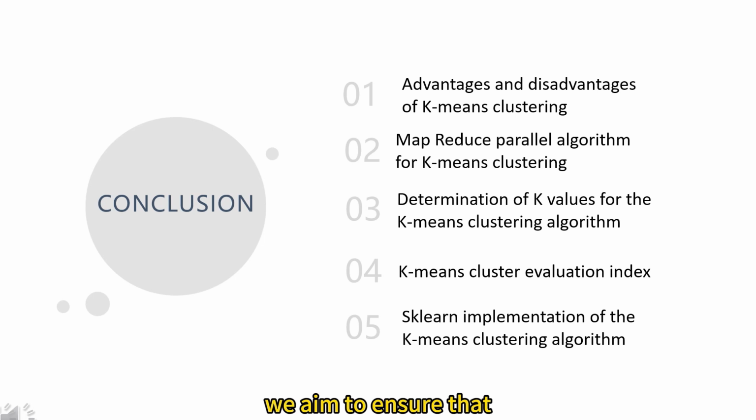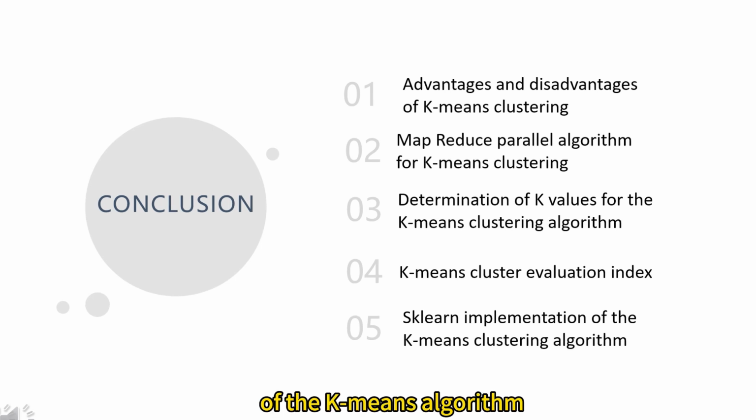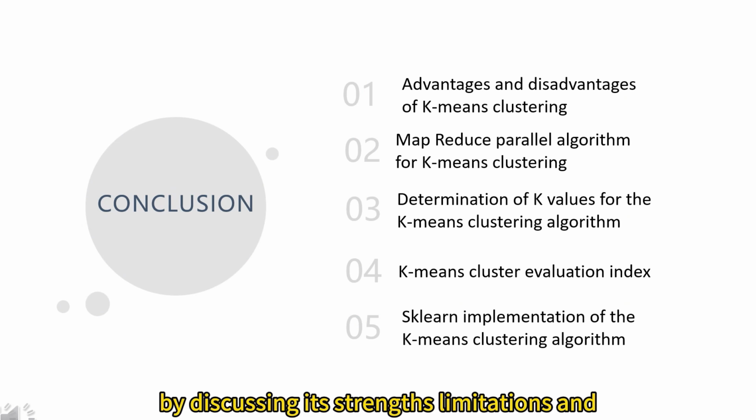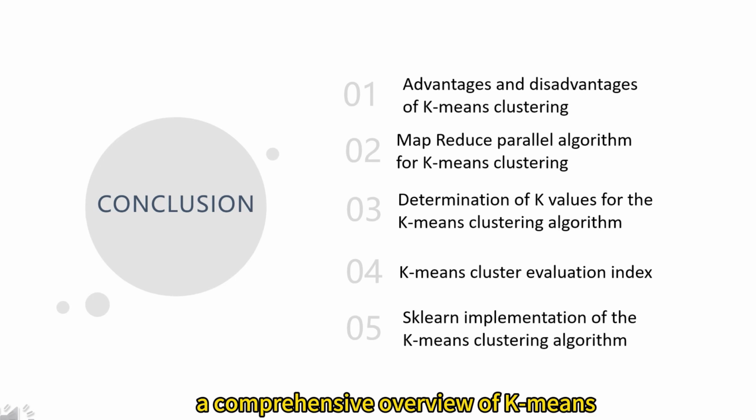We aim to ensure that everyone gains a reasonable understanding of the k-means algorithm, which is a classical clustering method, by discussing its strengths, limitations, and various aspects of its practical usage. We hope to have provided a comprehensive overview of k-means.